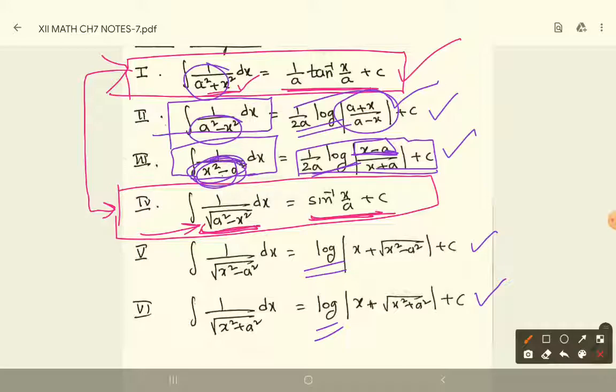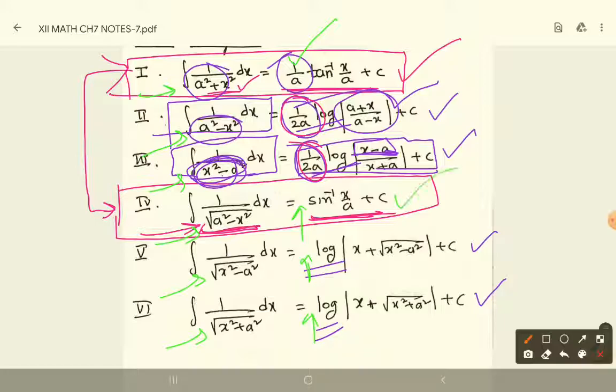When there are no roots, you will get 1 by a or 1 by 2a. Log formulas carry 1 by 2a, and the tan formula comes with 1 by a. If there is a square root in the denominator, you don't get 1 by a or 1 by 2a in the coefficient. Nothing will come, only 1 as the coefficient.